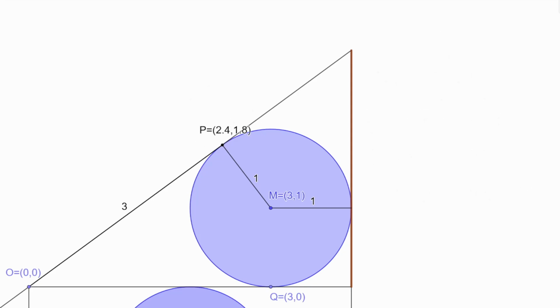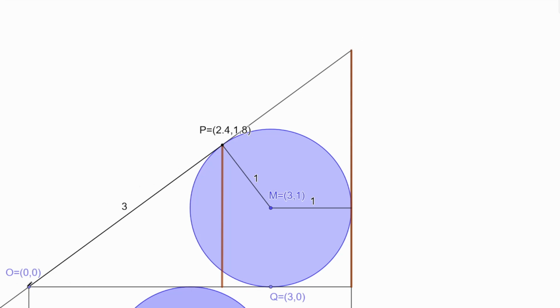At this point, there isn't really that much left to do besides noting that what we're after, which is the ratio between this base length and this height, is the same as the ratio between the x and y coordinates of the point P. This has to do with the following construction. If we add this line perpendicular to the base, we will construct a triangle which is smaller than this larger one and is similar to it.